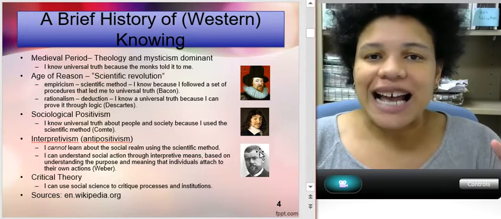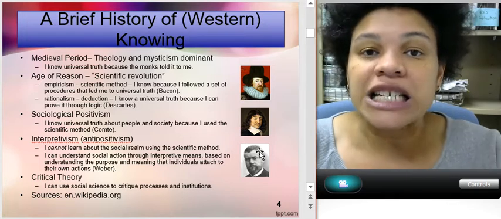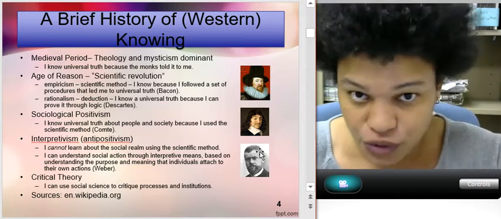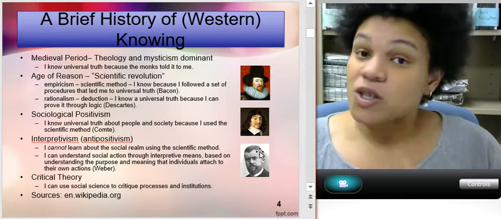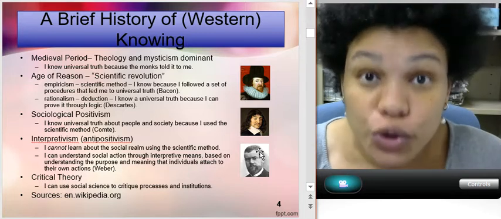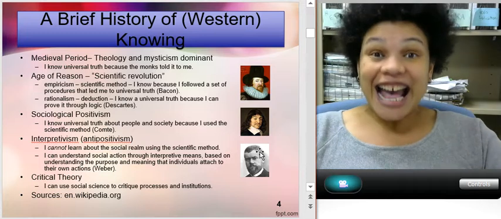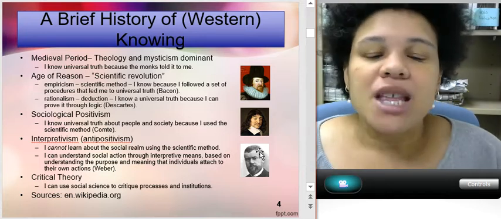Okay, so this idea of positivistic is that I can discover scientific universal truths using the scientific method. Okay, and sociological positivism is I can discover universal truths about people and societies using the scientific method, right?